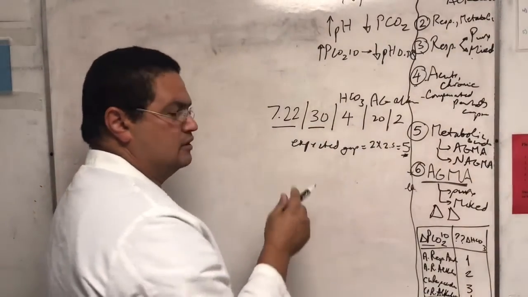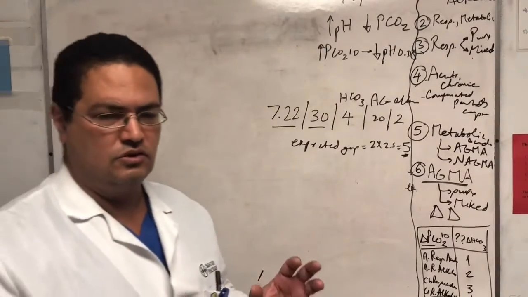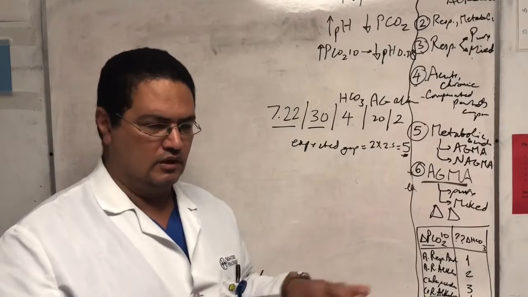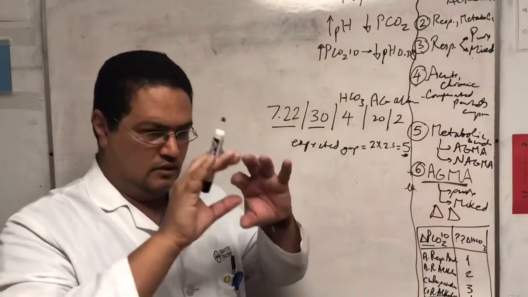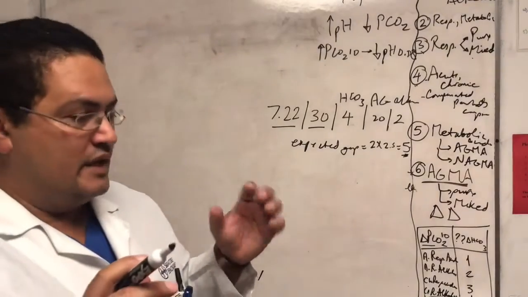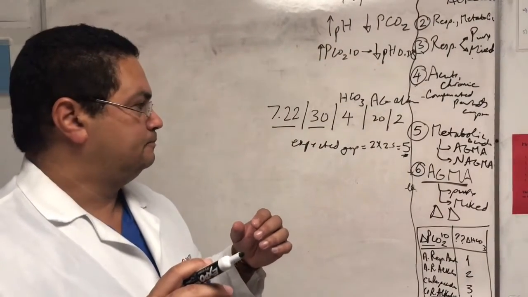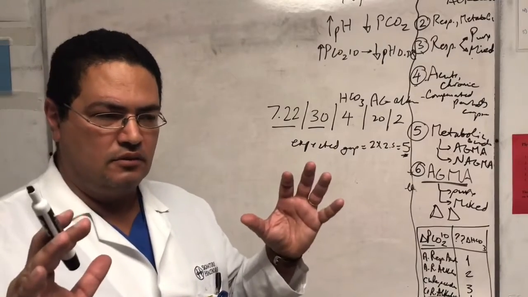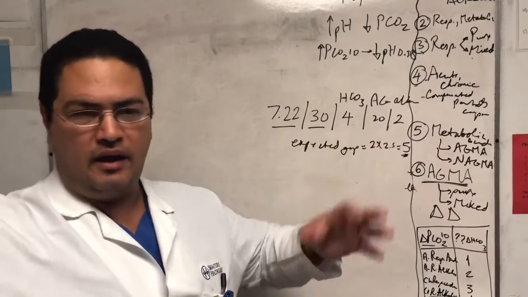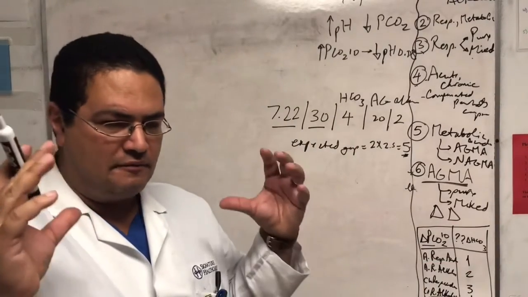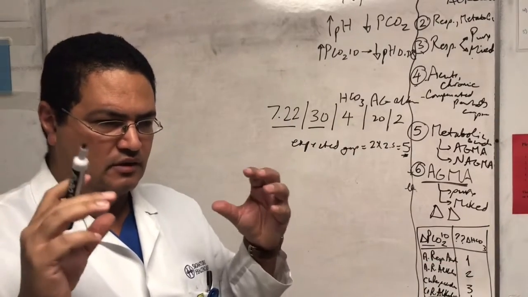So let's start. The one thing that you need to remember, we're not going to do formulas. There's a formula for it, but we're not going to do it with formulas. Just do it in your brain, like 4th grade elementary school. So basically, just look at the bicarb. The bicarb is the final product. The gap and the loss of the bicarb and the increase in the whatever, all of these things affect the final product, which is the bicarb.